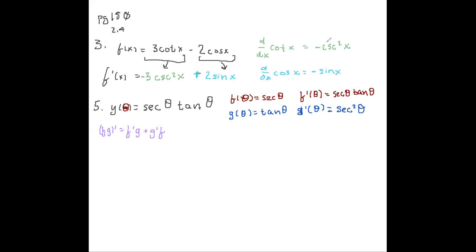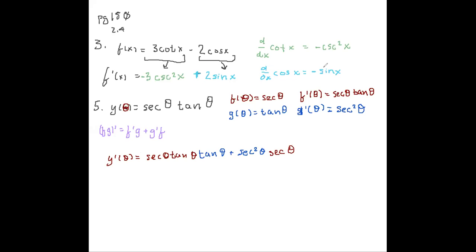So we would set it up like this. We have y prime of theta is going to be equal to, calling it f prime g, secant theta tan theta times g, which is tan theta, plus g prime secant squared theta times f, which is secant theta.